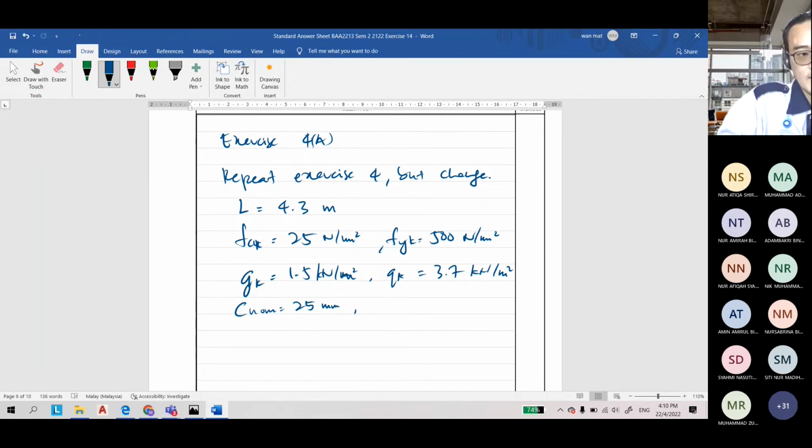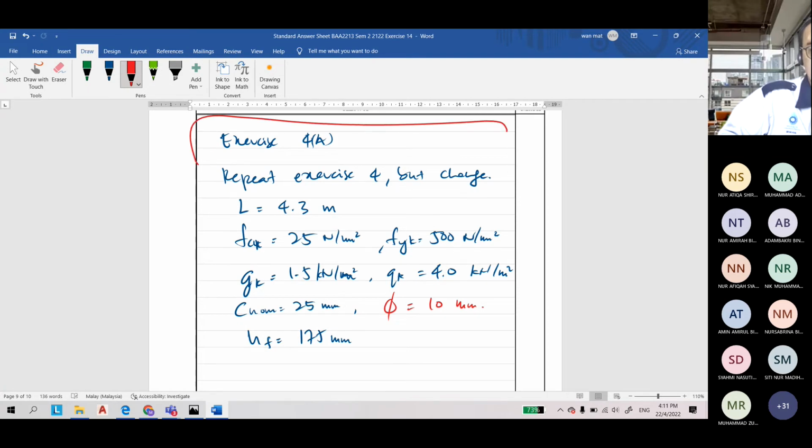And then for the table, GK and QK, change to 4.0. And then the HF, you maintain as 175 mm. But the diameter of link, you limit to 10 mm. Okay, please try to solve these questions.